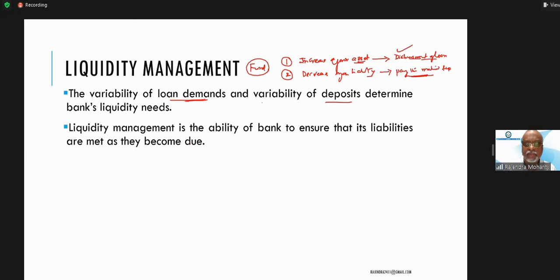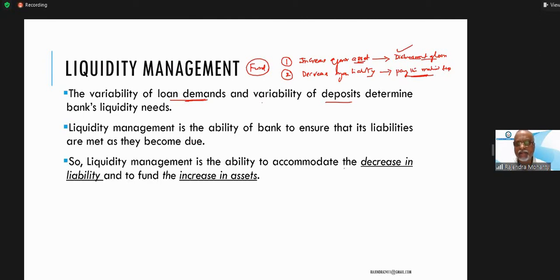Basically it means whenever the liabilities are becoming due, at that time the funds should be there, or whenever the loans are to be disbursed, funds should be there. So liquidity management is basically the ability to accommodate the decrease in the liability and to fund the increased asset.